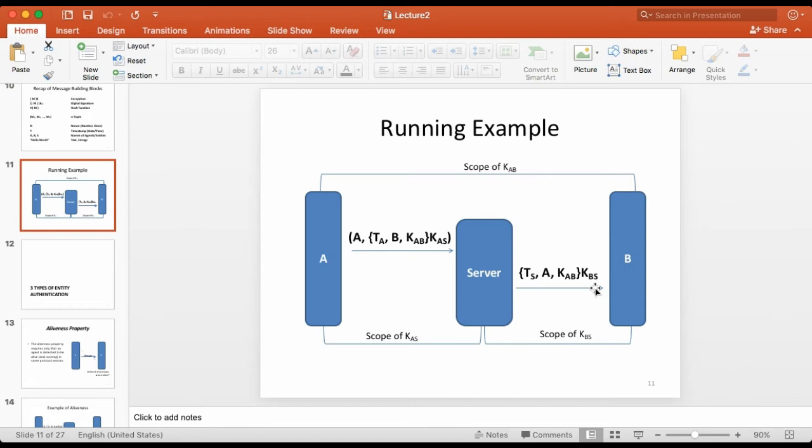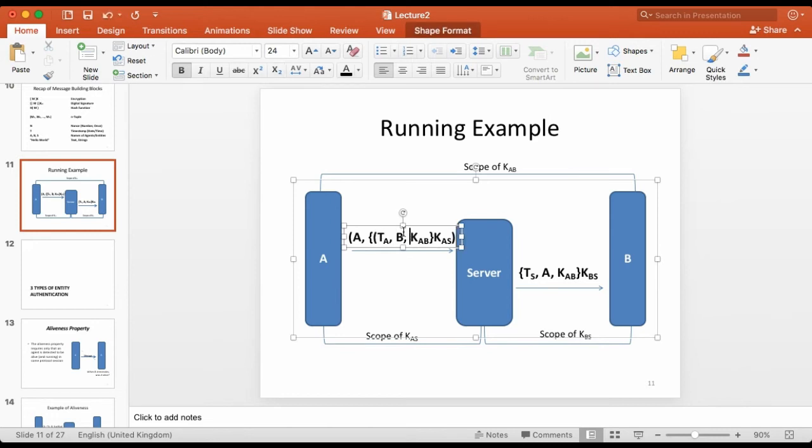The first message is sent by Alice, and that message contains Alice's name and the encryption of three things put together. Strictly speaking, this should be a tuple, so I really should have put a bracket here.